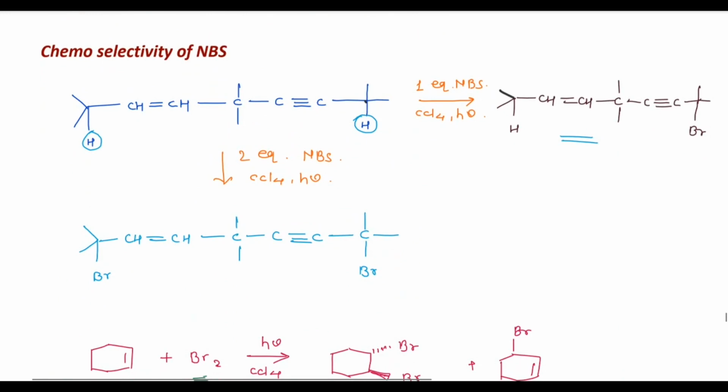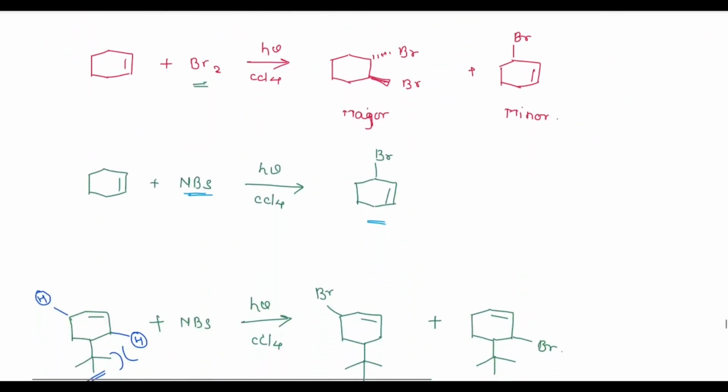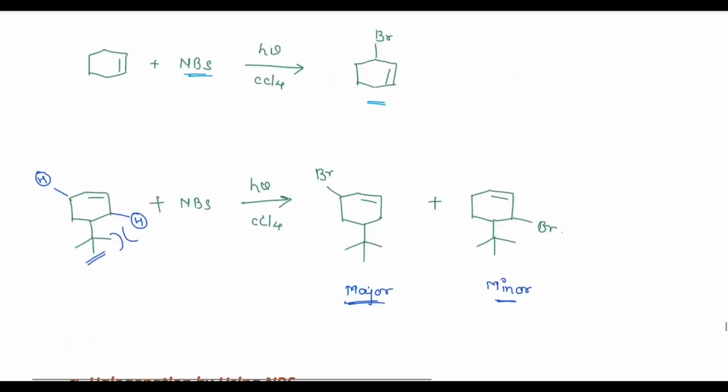After that we saw the chemoselectivity of NBS, by taking an example of a reaction in which two functional groups, a carbon-carbon triple bond and a carbon-carbon double bond, are present in the same moiety. We learned that NBS gives a substitution reaction, whereas bromination on an alkene gives the addition product as the major product.